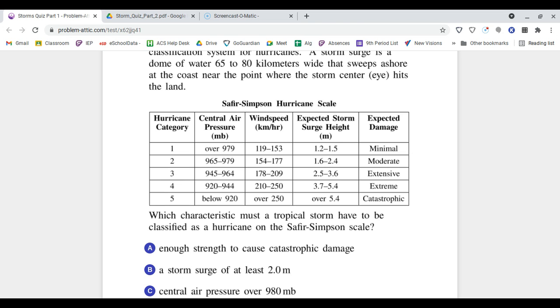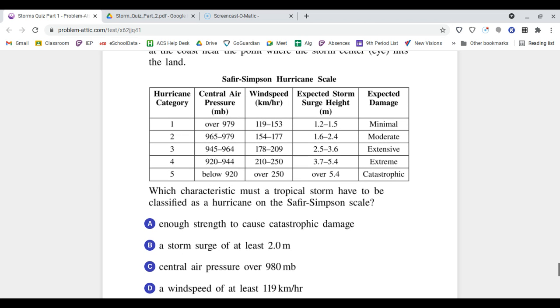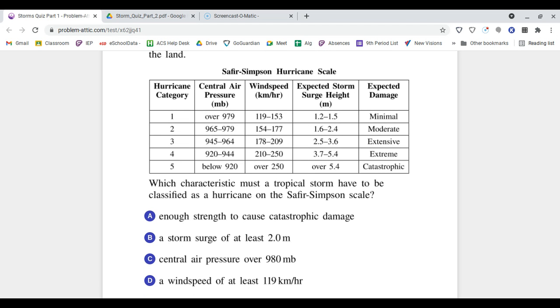Which characteristic must a tropical storm have to be classified as a hurricane on that Saffir-Simpson scale? Be classified as a hurricane. Would it be enough strength to cause catastrophic damage? A storm surge of at least 2.0 meters?